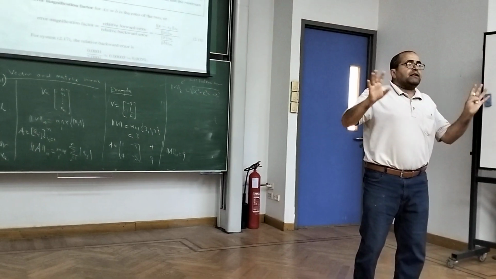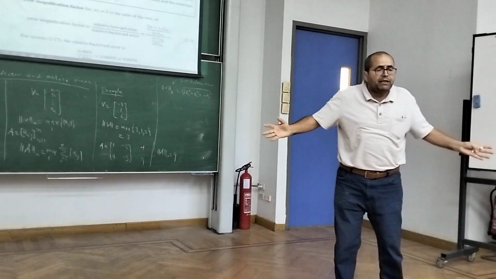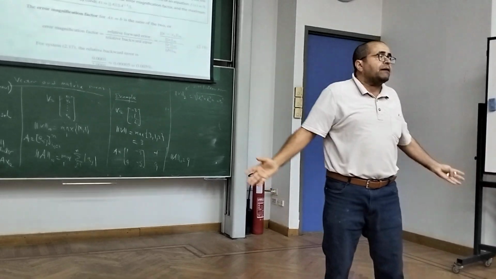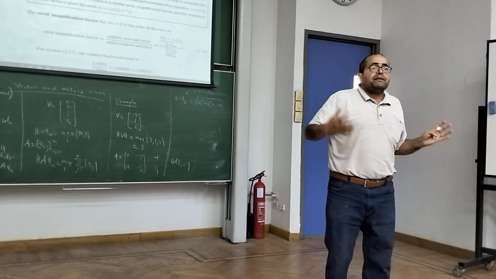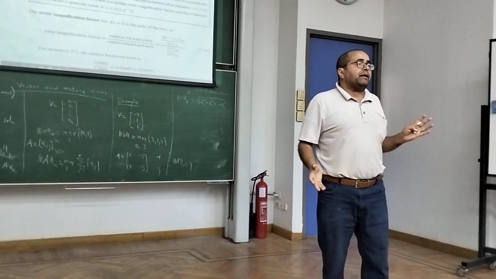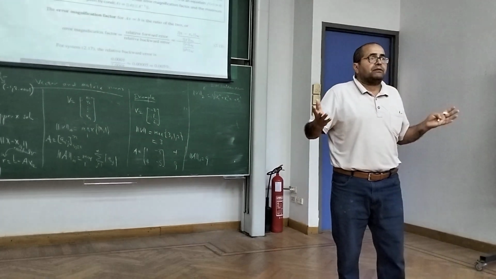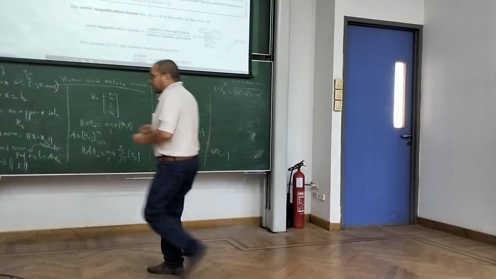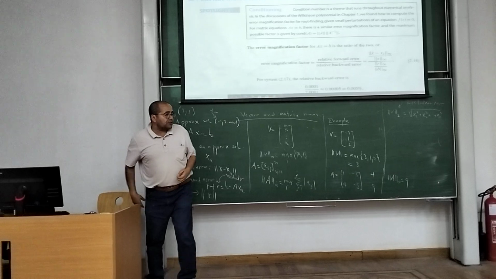Every time you try to solve a linear system with the Gauss elimination method, the one that we used all the time, it is very sensitive to rounding errors whenever the matrix is ill-conditioned. Again, we calculated something called the condition number.